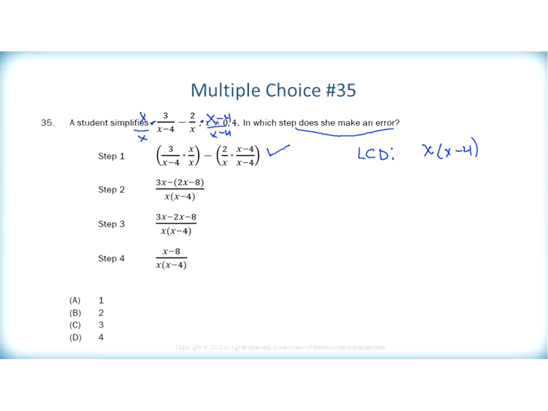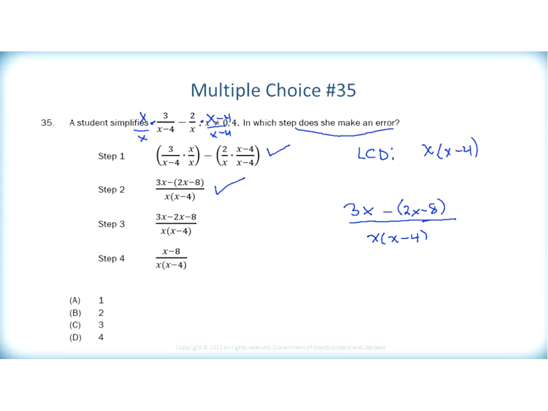So that one's okay. When we get that, we get 3x subtract, and 2 times x subtract 4 will be 2x subtract 8. You have to remember we're subtracting the full expression over x outside of x subtract 4. So this step is okay.